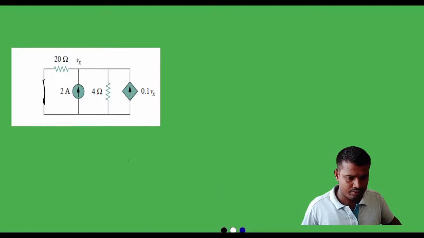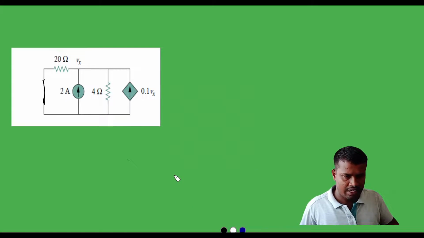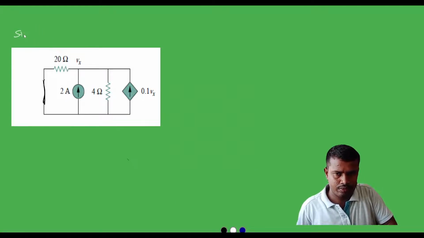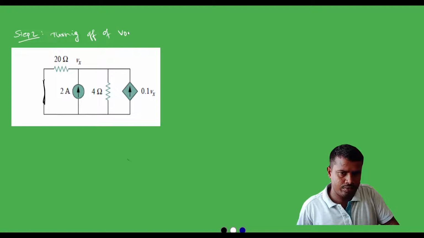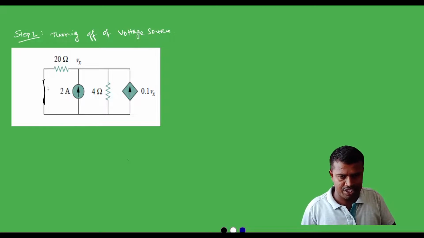As step 2, we have turned off the voltage source by short circuiting it.